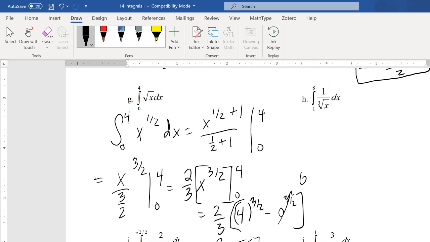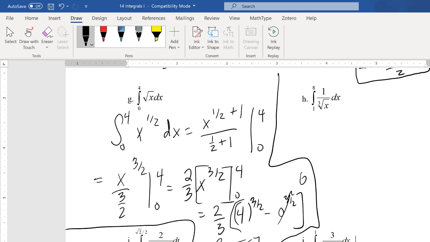Right, H is very similar. We need to rewrite it. Because it was in the denominator, right, I need to make it negative power.